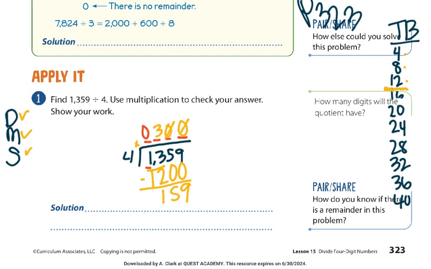I have 159 next. Okay, I'm going to mark that so you can tell we're starting a new number. So 4 goes into 159. That's my next step. There's 3 numbers, so I'm going to put 3 slashes up here. So there's 3 numbers as the dividend. I'll put 3 slashes. Okay? I underline the first number, and I ask myself, does 4 go into 1?